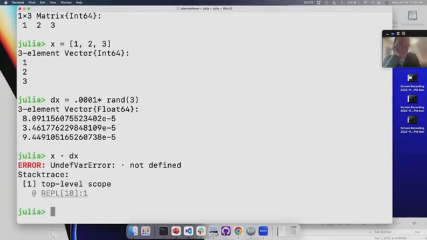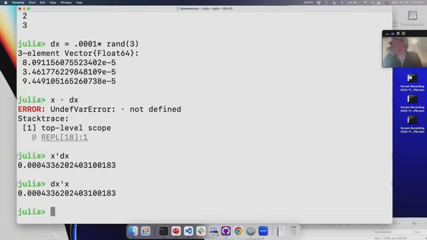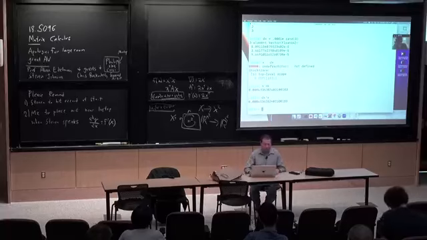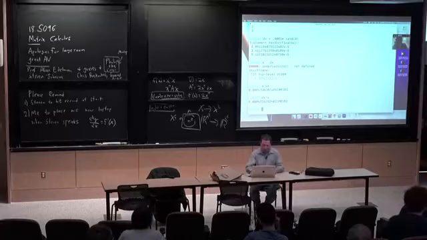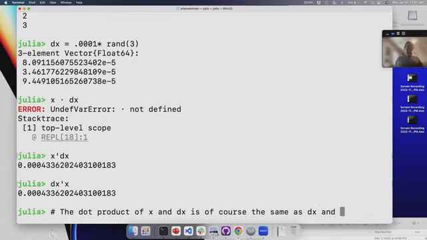Okay, I don't even want to do it that way. Let's go x transpose dx, and dx transpose x. You see, they're exactly the same thing. The dot product of x and dx is, of course, the same as dx and x.